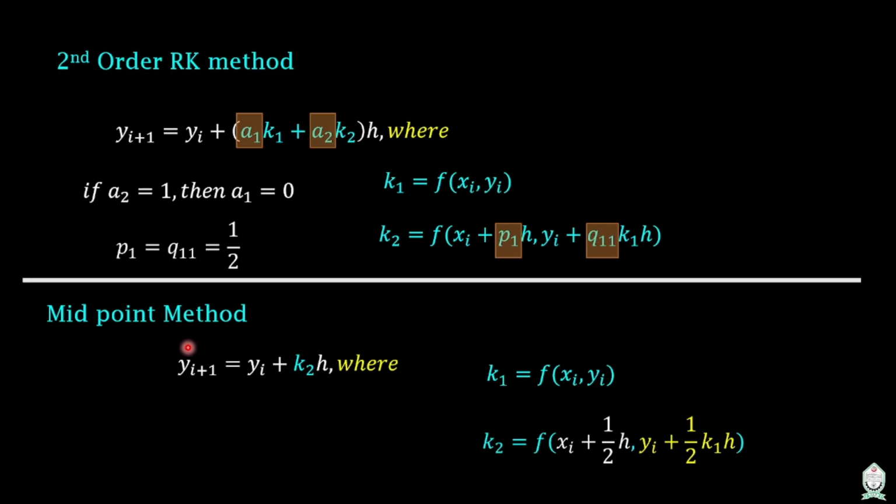The formula of the midpoint method for calculating the next iterative value of y becomes yi plus k2h, so we will still need k1, as k1 is f(xi, yi) and k2 is f(xi plus half h, yi plus half k1h).